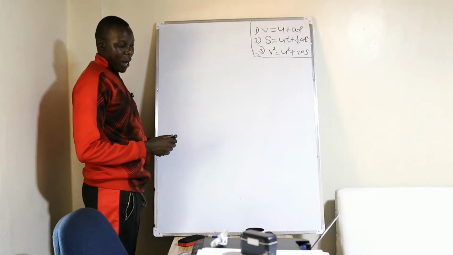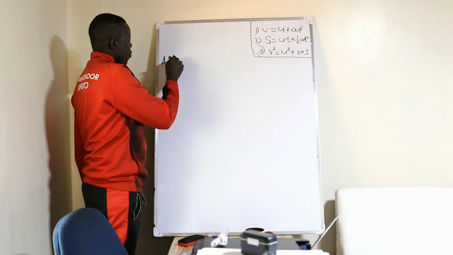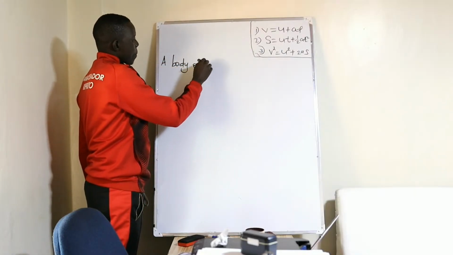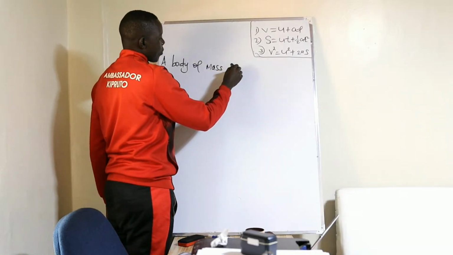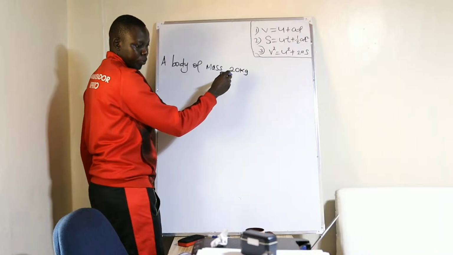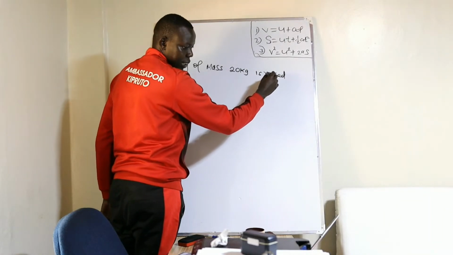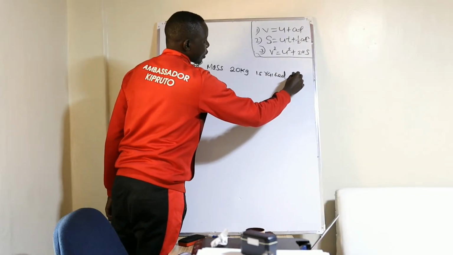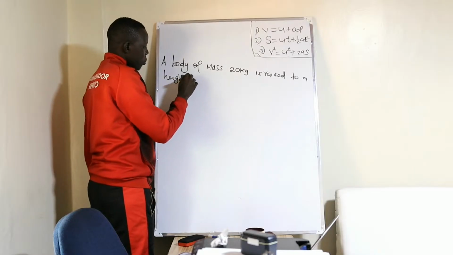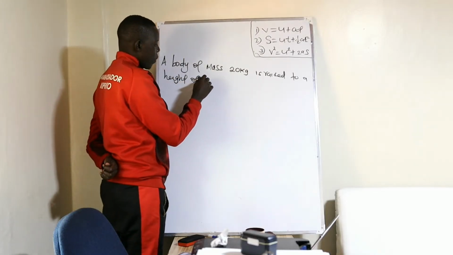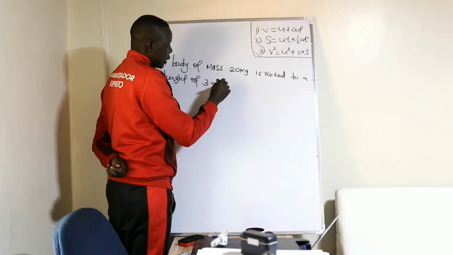A body of mass 20 kilograms is raised to a height of 3.0 meters.